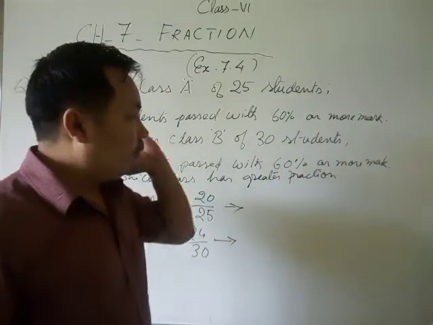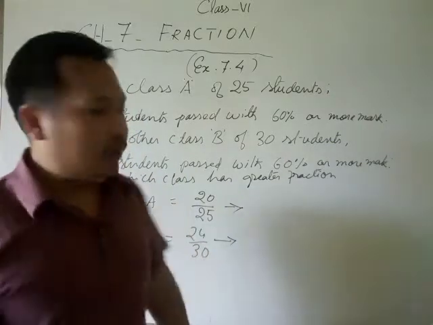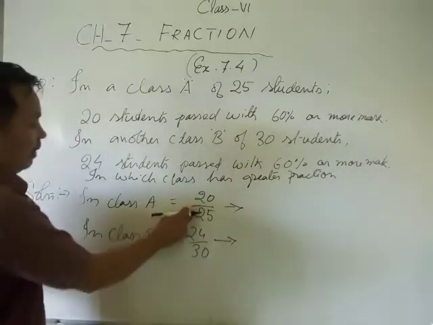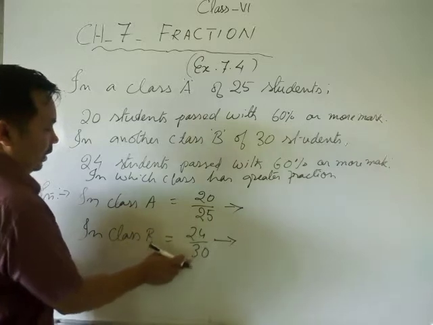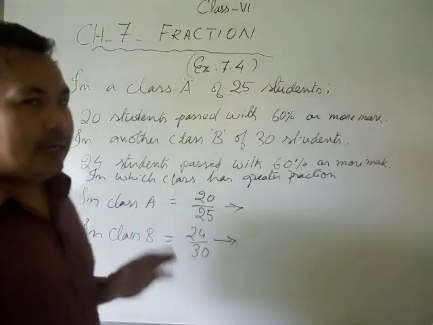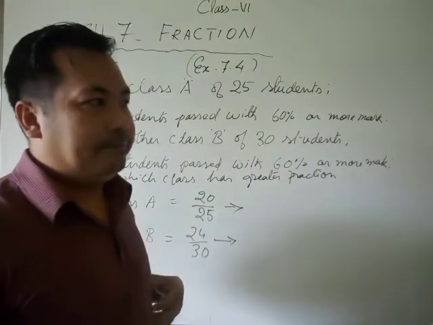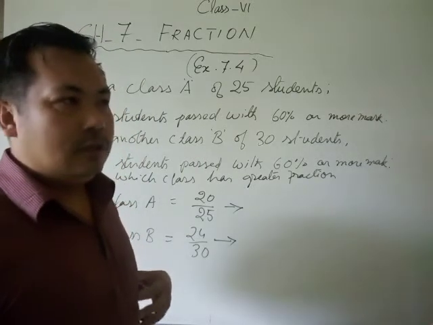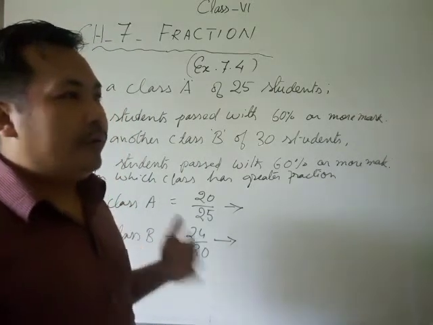So we are going to find out which one is the greater fraction. We get the fraction for class A as 20 by 25 and for class B as 24 by 30, isn't it? So to find out the greater fraction, one thing we can do is always take the LCM.